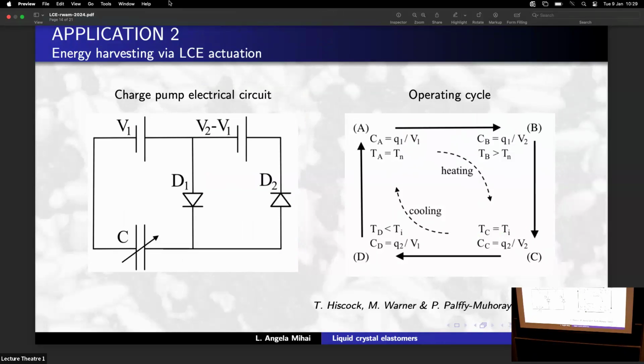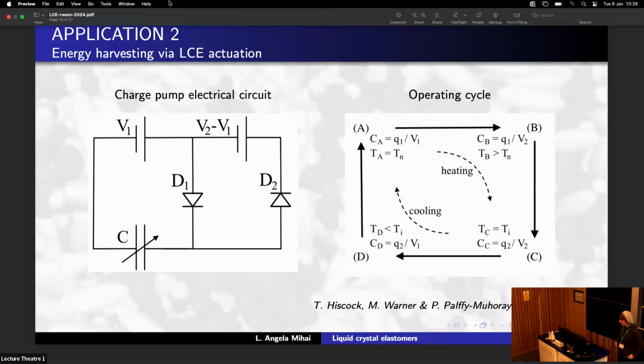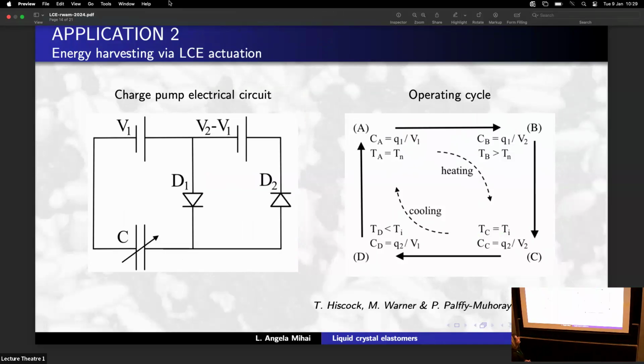Right, another application, which is also a theoretical model, really, is for a capacitor in a charge pump electrical circuit. So what we have here is V1.